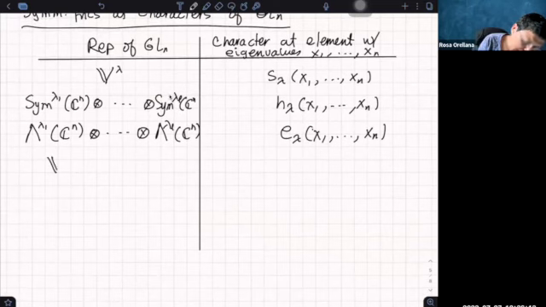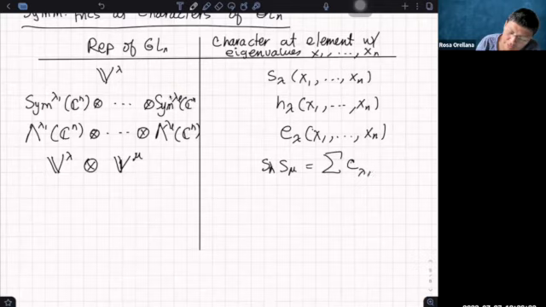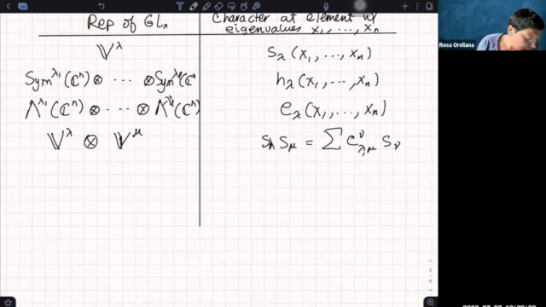If you take the tensor product of two irreducible representations, V lambda and V mu, this corresponds to the product S lambda S mu, whose coefficients, when you write them back in the Schur basis, are the Littlewood-Richardson coefficients.